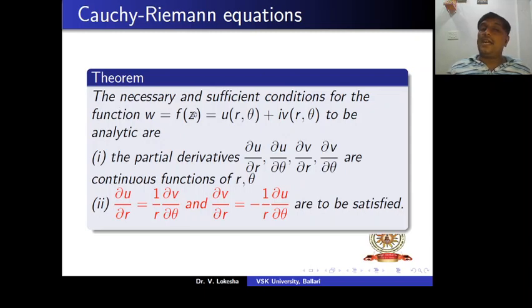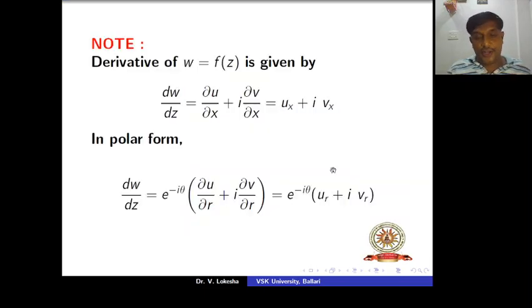The necessary and sufficient condition for the function w is equal to f of z, where u and v are functions of r and theta, to be analytic is that the first order partial derivatives with respect to r and theta are continuous.